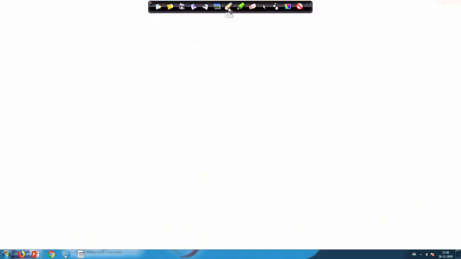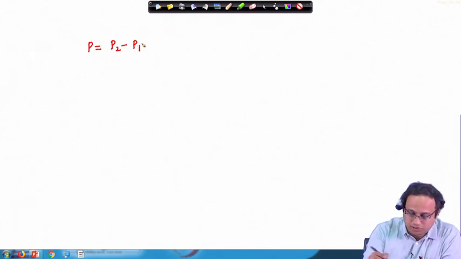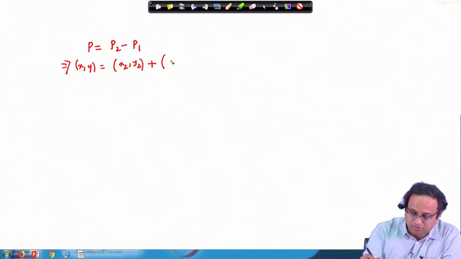To start with, I note that the point P is nothing but P2 minus P1. So, this point P is P2 minus P1, which means that x comma y is nothing but x2 comma y2 plus minus P1.